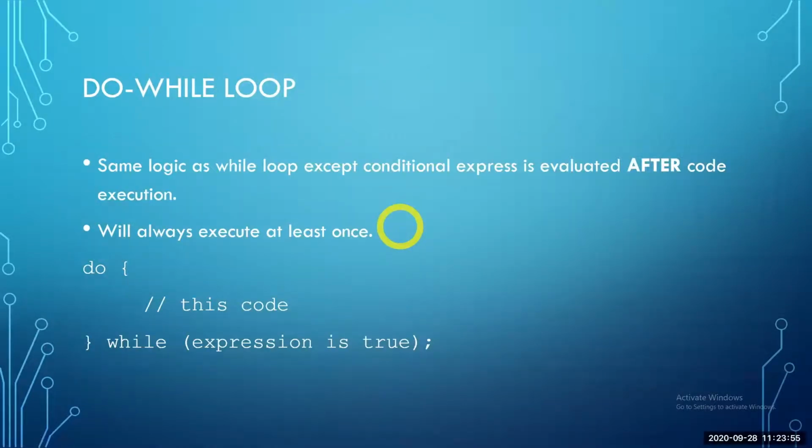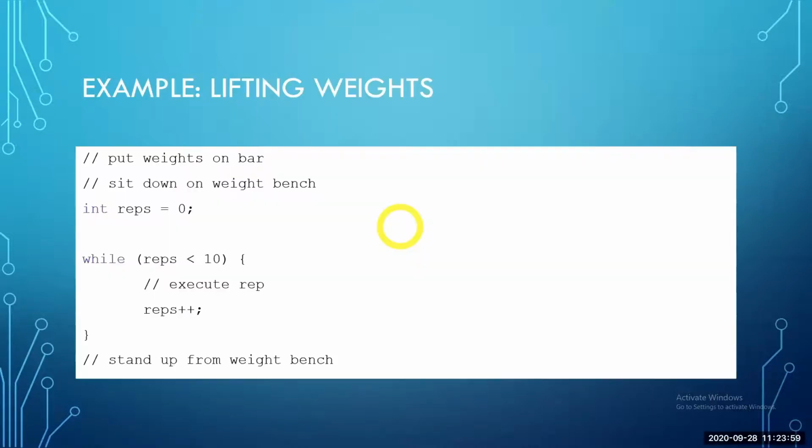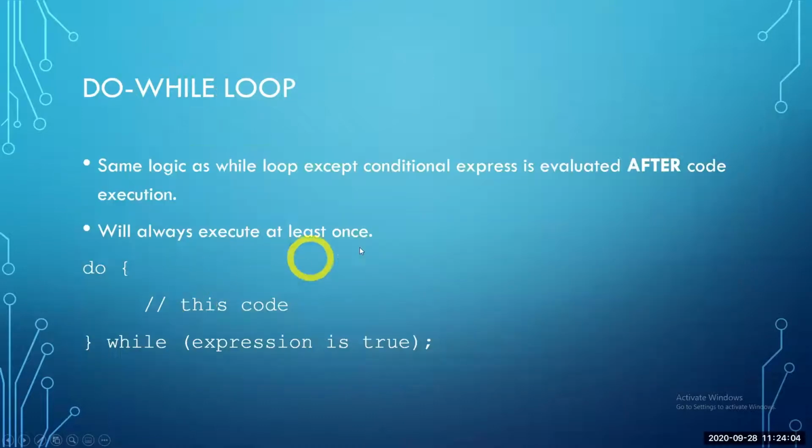There's also something called a do while loop. So instead of while loops where we look at the condition before we do the code, a do while runs the code, right? Do this while this expression is true. So a do while will run your code at least one time.